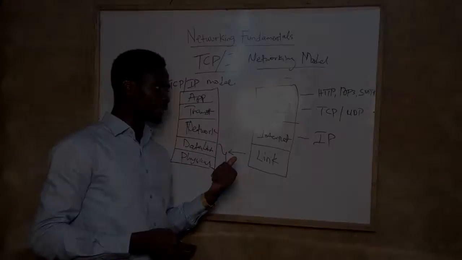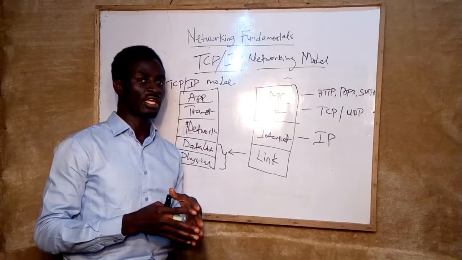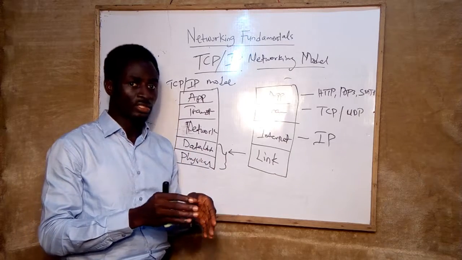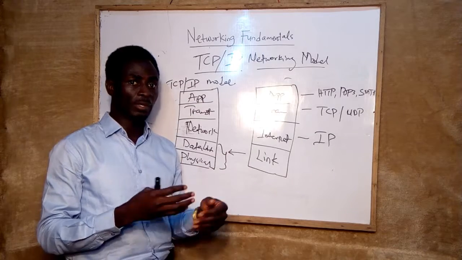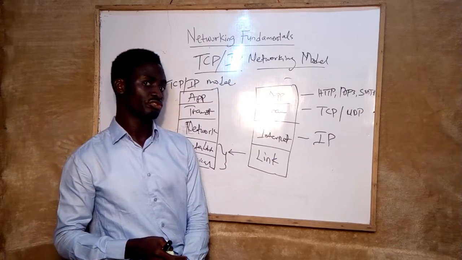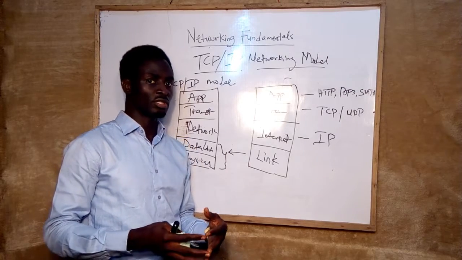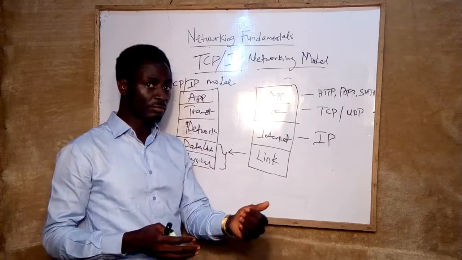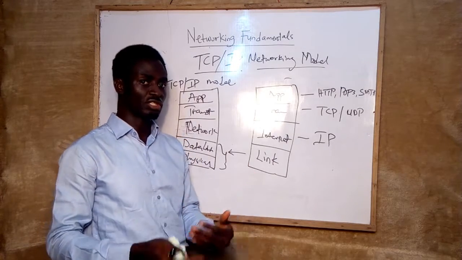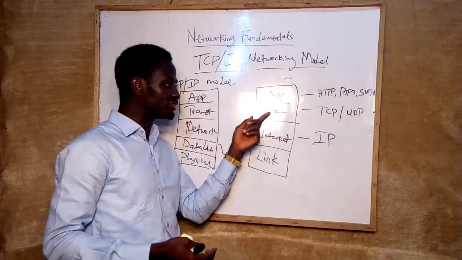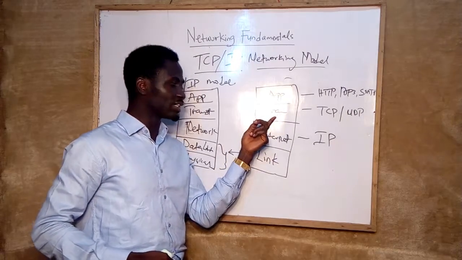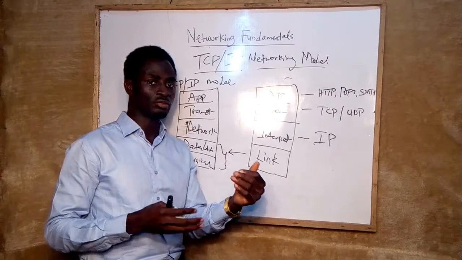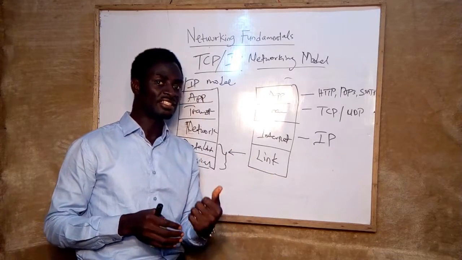If a passenger decides to make use of a car, there is a guarantee that the passenger is not going to be beaten by the rain, and the probability of sustaining a leg injury from a minor collision is avoided, because that is what is obtainable when you decide to travel by a bike, because even a minor collision can lead to leg injury. So data delivery is guaranteed, or data services are provided by the transport layer, and different means of transmitting data are what would guarantee the delivery of the data.